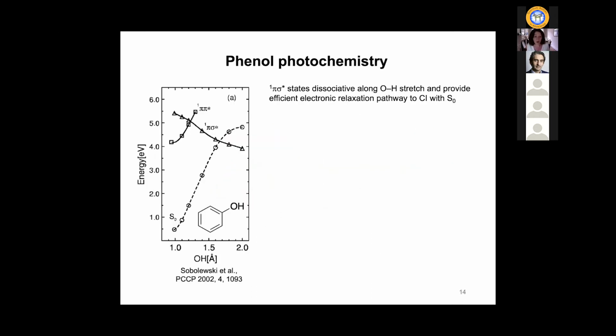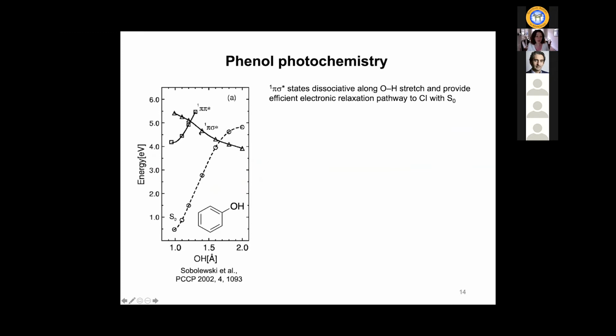So armed with all this information, we can now carry out photoelectron spectroscopy. So the two stories I would like to share with you are phenol and the green fluorescent protein. So starting with phenol, phenol is this molecule, and it has pi star excited states in the UV region.